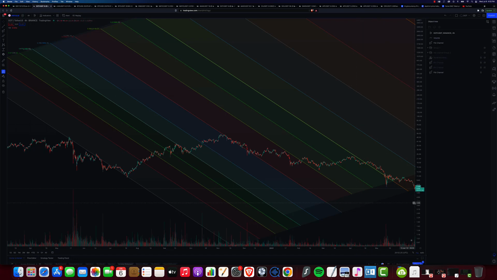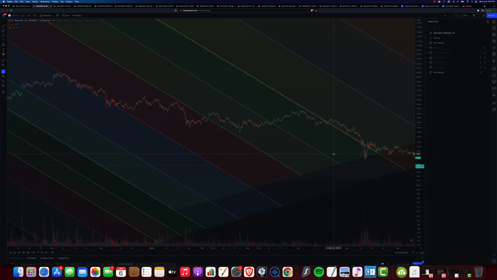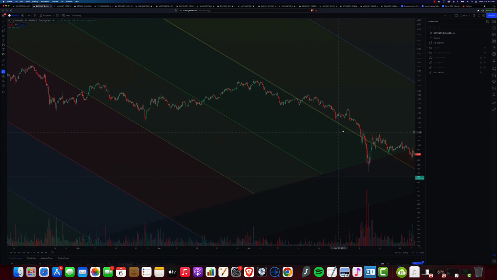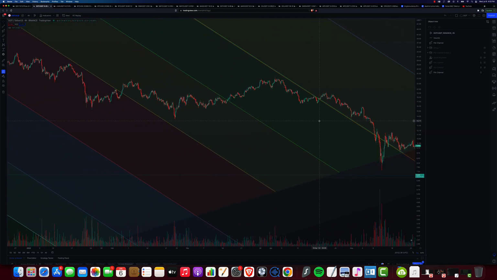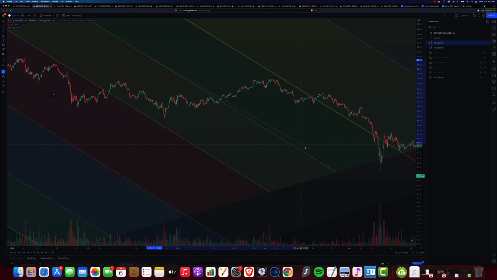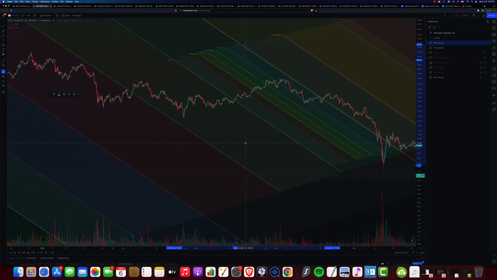And if you zoom in further, and validate that price is still respecting these lines, as you can see, it is.